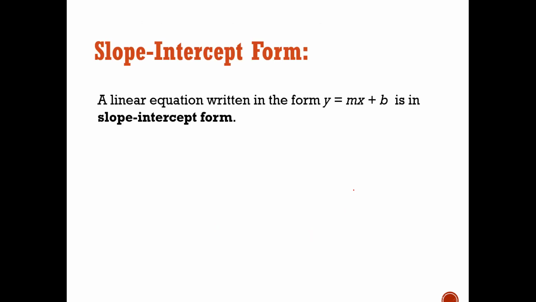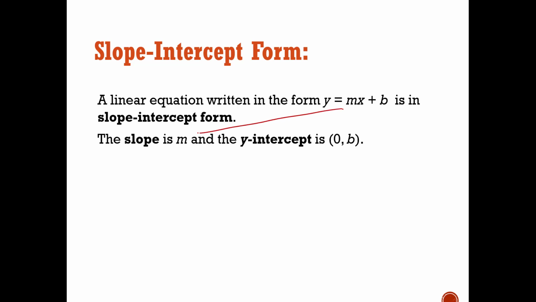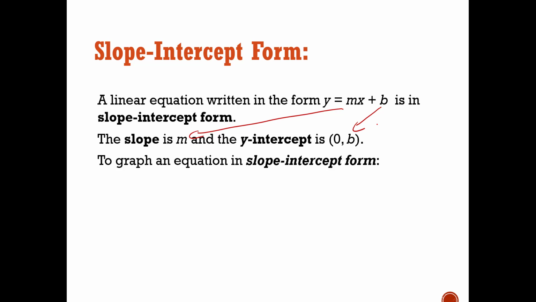Let's take a look at some examples of graphing in slope-intercept form. A linear equation in the form y equals mx plus b is slope-intercept form, with slope m and y-intercept b. You can always put the y-intercept in the ordered pair as (0, b).